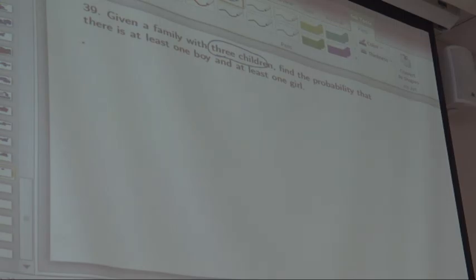And 3 children. The 3 children are girls and boys. G is a girl and B is a boy, and there are outcomes like G, B, G, and 3 boys, B. And what do we want to get?